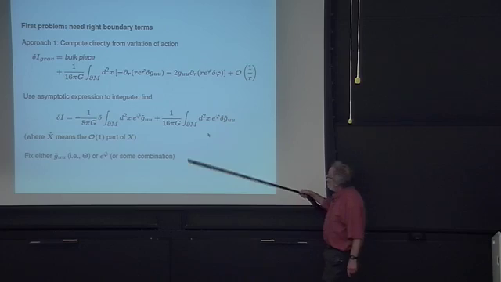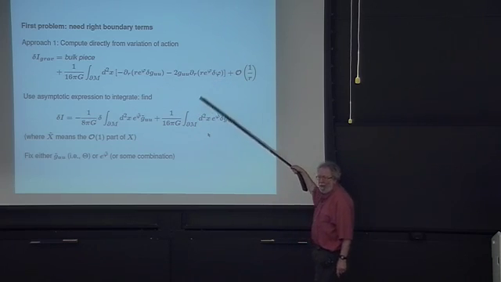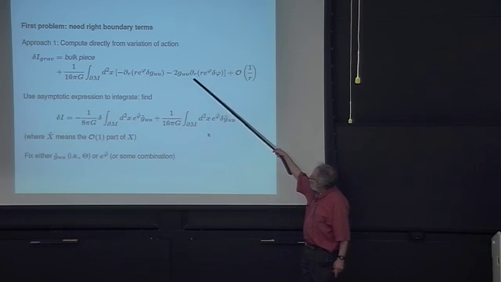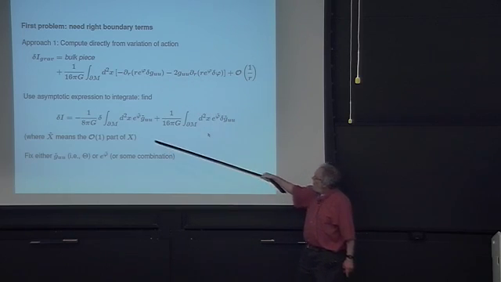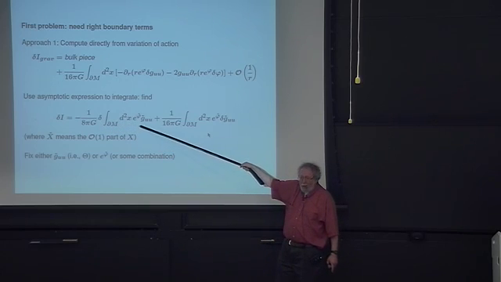And what you find is that, well, first of all, you find some boundary term just by doing the calculation. You can then use the asymptotic expansion, play a few games with this, and what you find is that there is a total variation here, which is good.